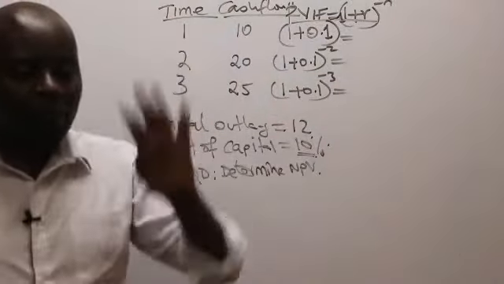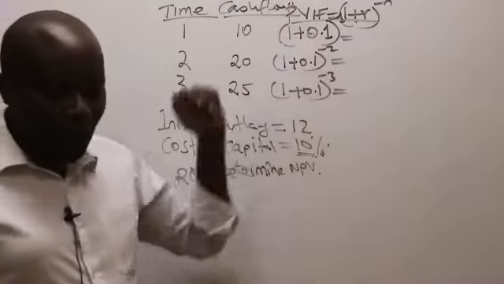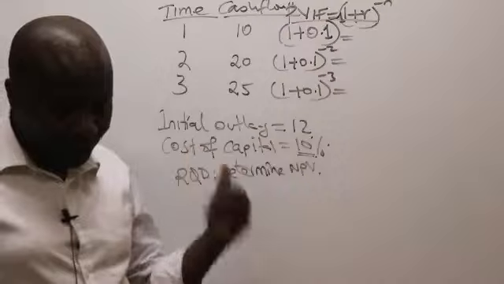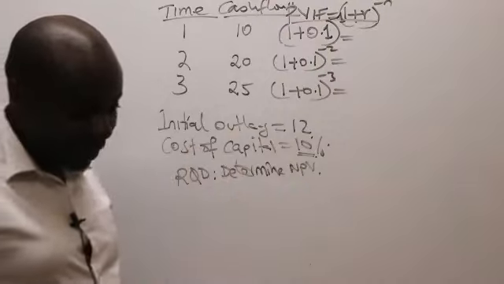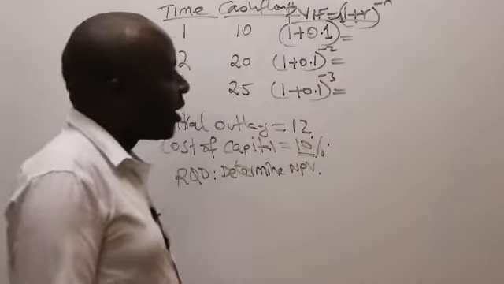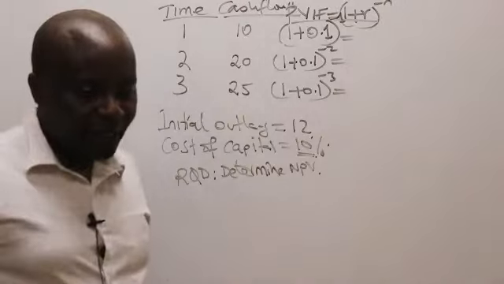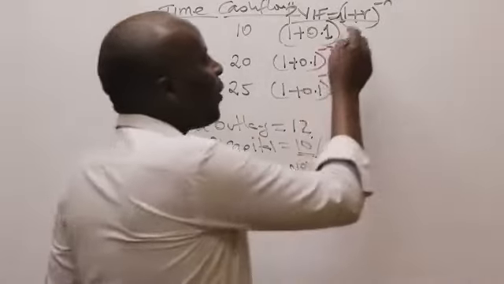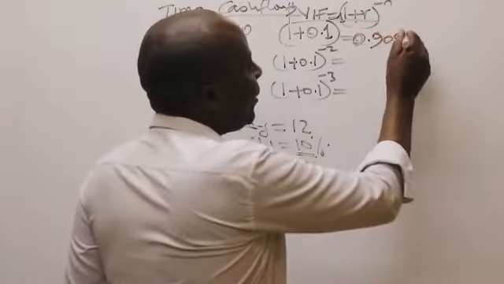So, 4 decimal places. The first one will be 1.1 raised to minus 1. Is there somebody who is able to give me this figure? 0.9091. We check again, Silas. 1.1 raised to minus 1 is 0.9091.